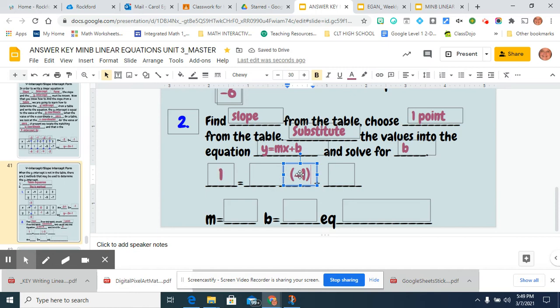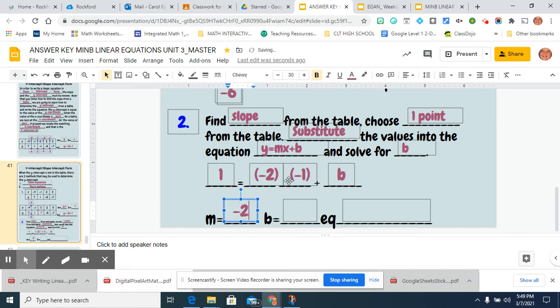So this is y, this is x. We determined that our slope was negative 2, and I need to find the b. So here I just do the math, right? This down below is just for writing the equation.